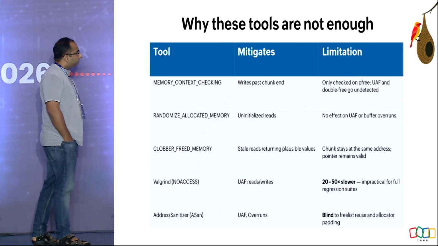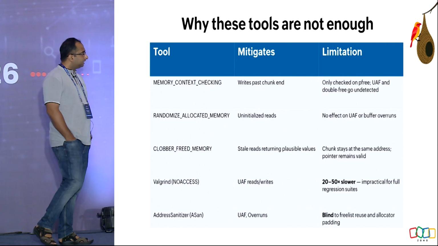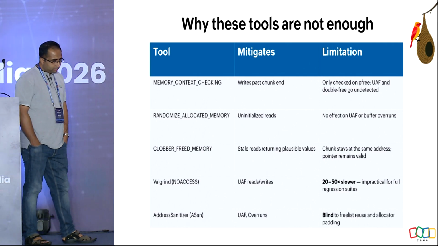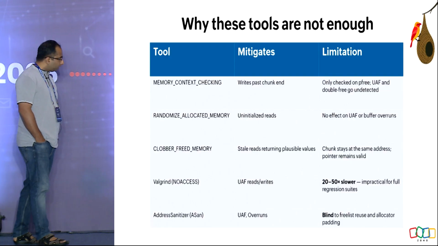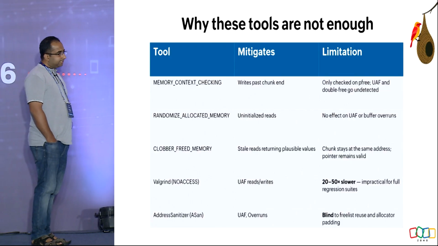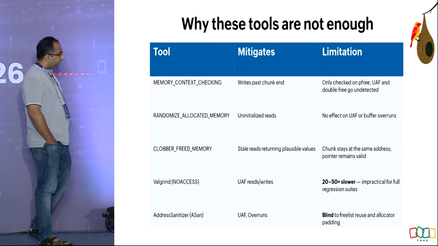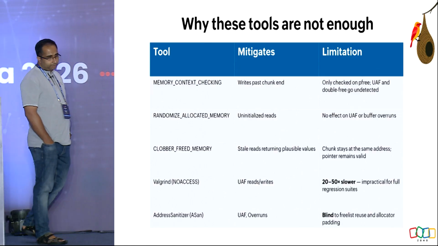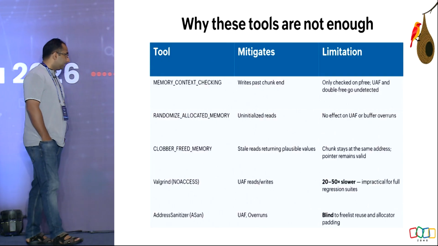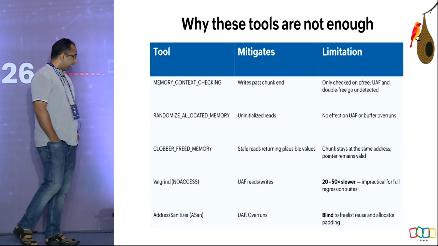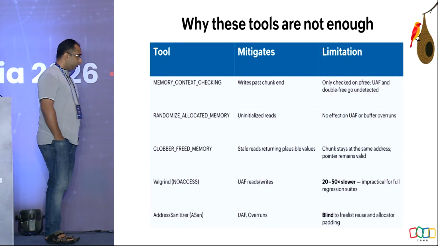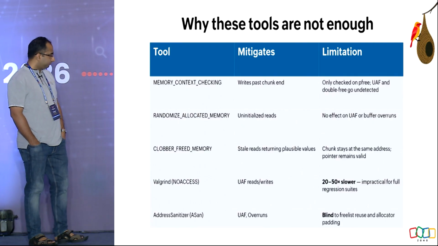This can flag uninitialized reads, but it doesn't help in other cases like use-after-free or buffer overruns. The free memory wipe could get your reads flagged because of wrong values, but the chunk stays at the same address, and you could write into that address without any problems. Valgrind can figure out all these problems, but it is way too slow for running regressions.